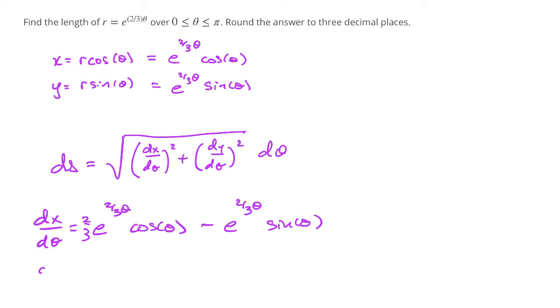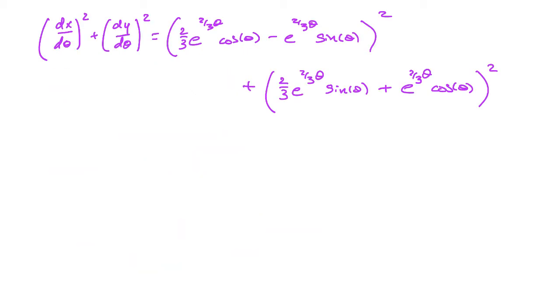And then likewise for dy d theta, we have 2/3 e to the 2/3 theta sine of theta plus e to the 2/3 theta cosine of theta. So now we can take our derivatives and plug them into part of our differential form.